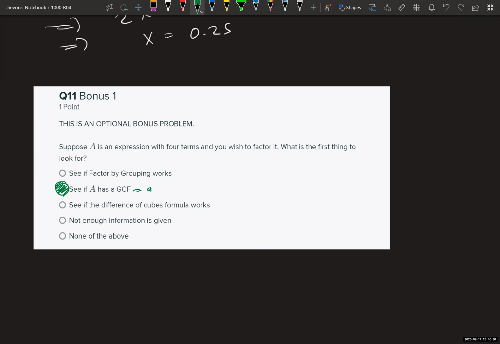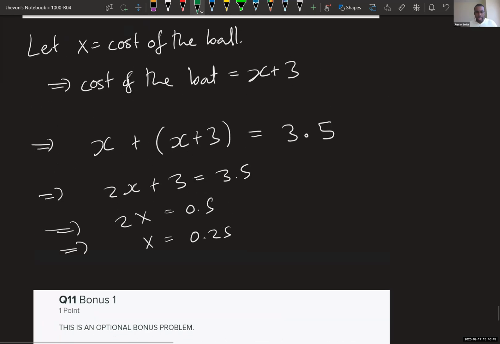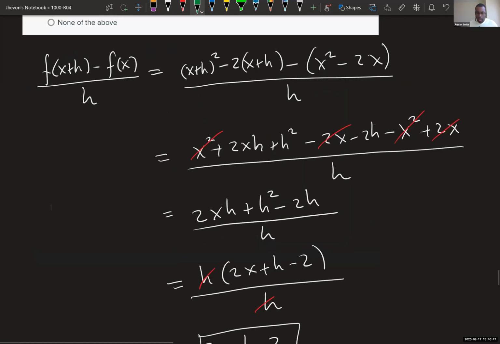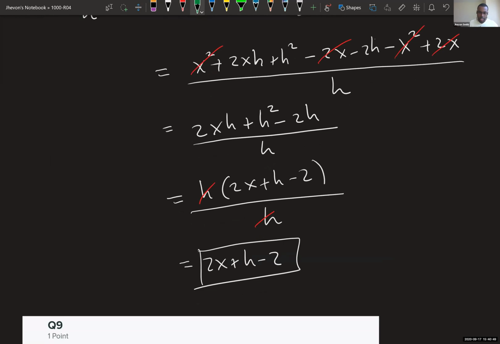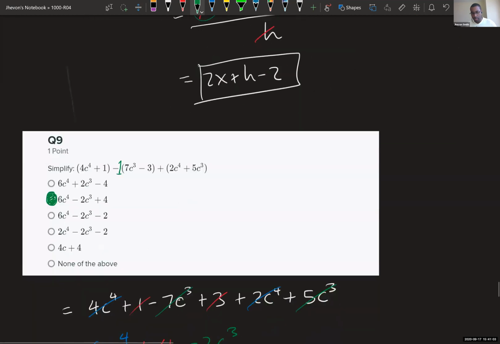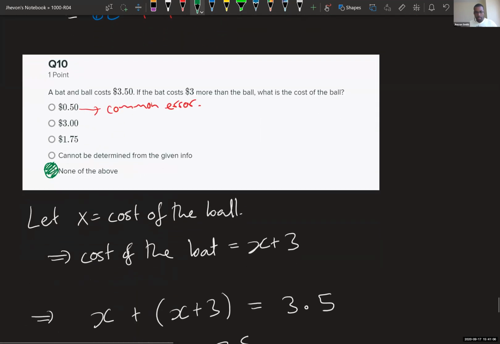Greatest common factor. Now, that's like here, when we factored out, the H was the GCF. It was the greatest thing that was in common. You actually find the GCF very similar to how you find the LCM. The difference is you actually take the lowest powers. But yeah.